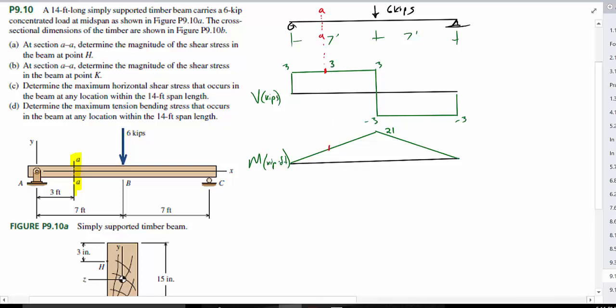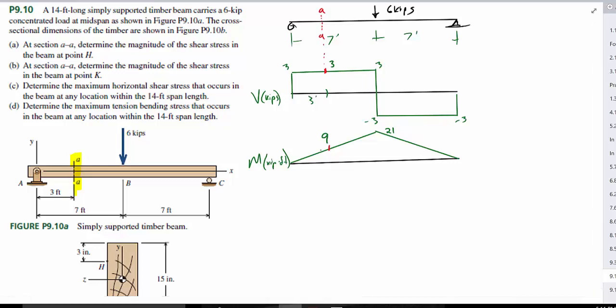So this is 3 kips, and then 21 divided by 7 is 3, and the distance between these 2 points is 3 feet, so 3 times 3 is 9. That's our moment right there.